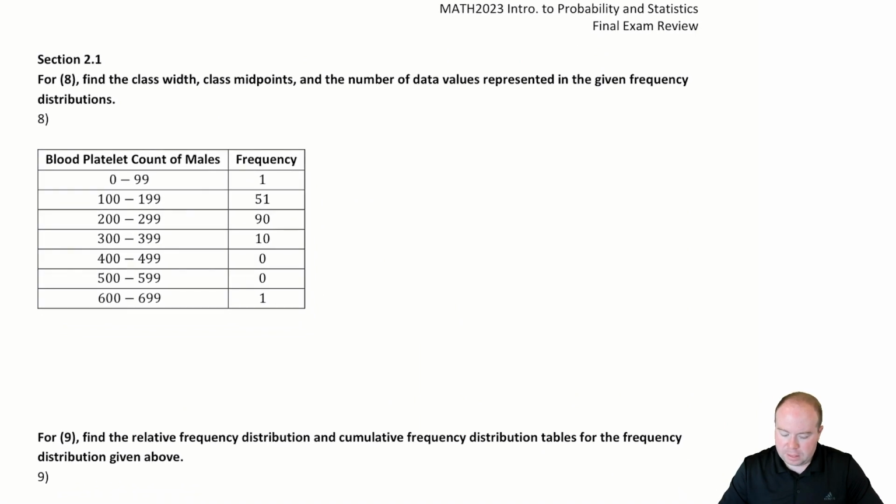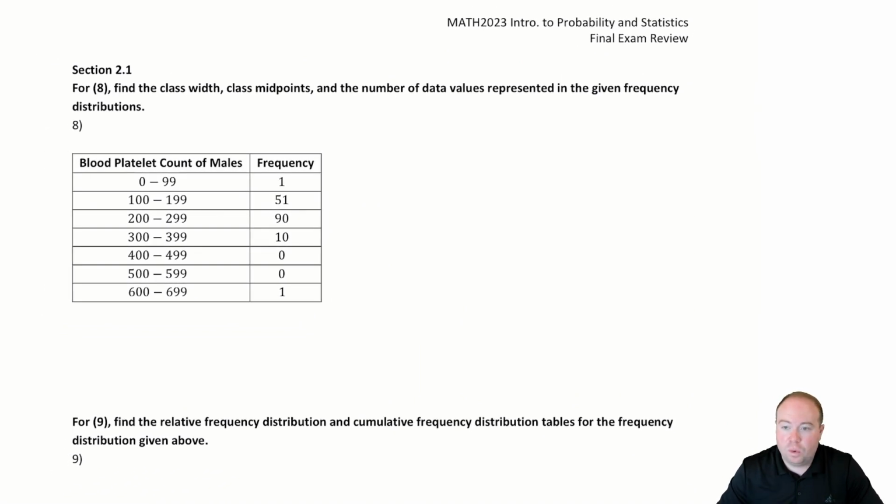All right, in section 2-1, we were looking at a frequency distribution, and we're asked to find the class width, class midpoint, and the number of data values represented in each of these frequency distributions. If we look at the class width first, you can think about it as going from one lower boundary to the next.